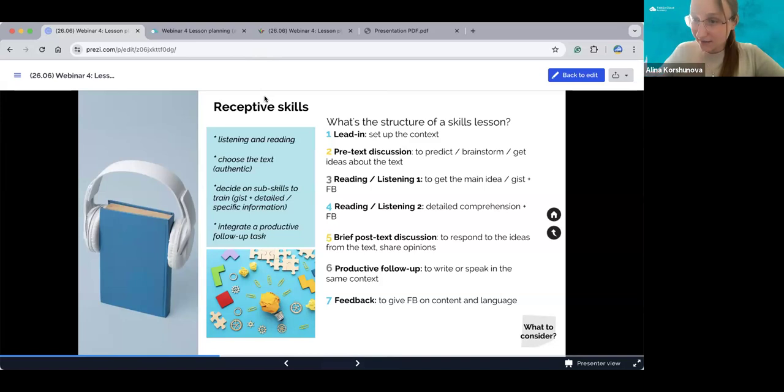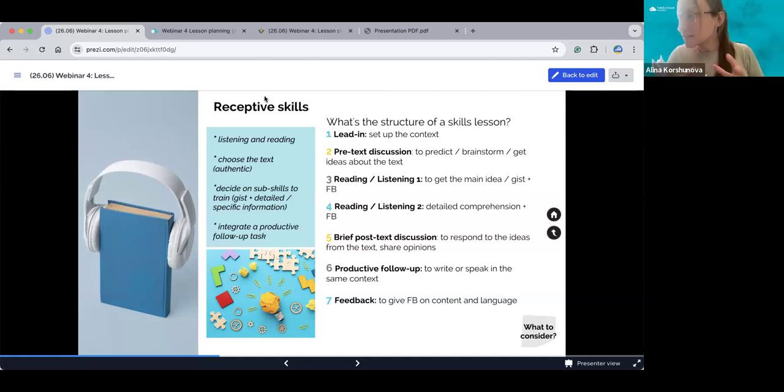So whenever you choose an authentic text, and you want your students to work with an authentic video or film or an article, you will probably have to design a lesson on your own, and think about stages and activities on your own. So what's important then? Make sure that you decide what sub-skill you would like to focus on in your lesson. There will probably be gist, so look at the type of text that you have. If you have an article, in real life students would read an article in order to grasp the main idea of the article.